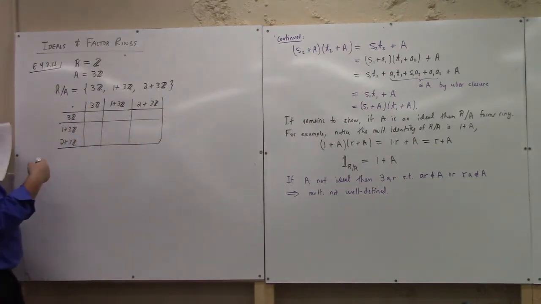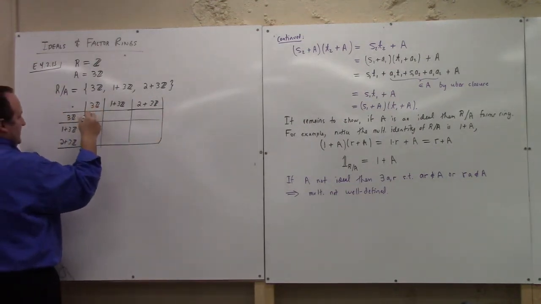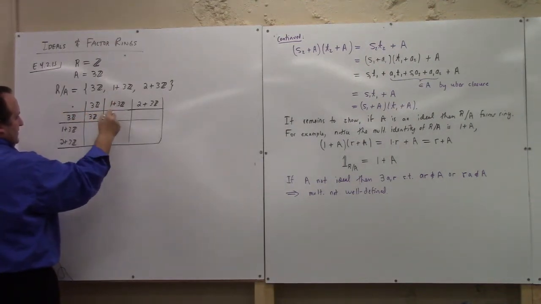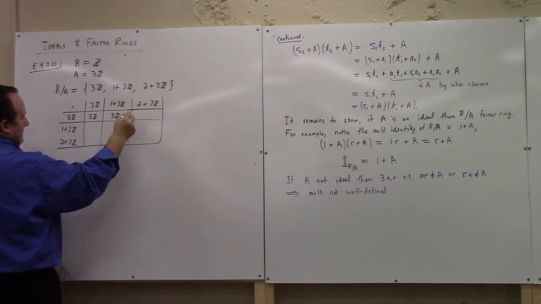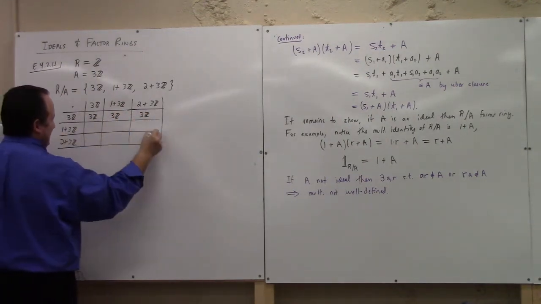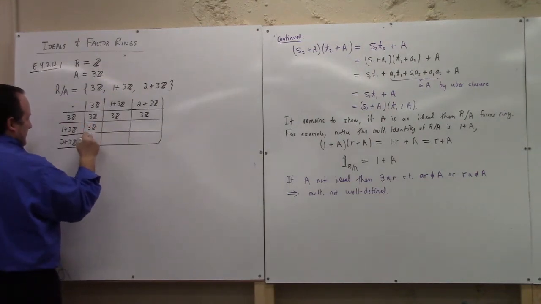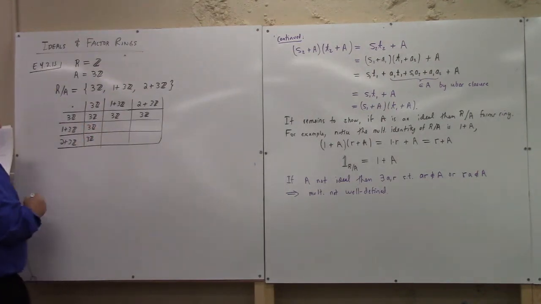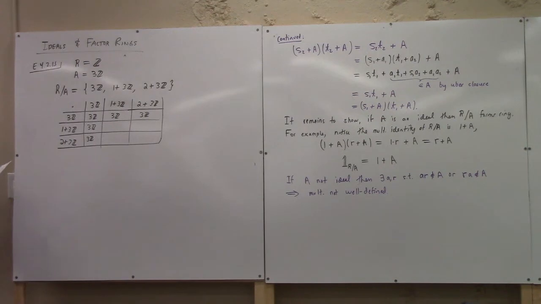Well, 3Z times 3Z gives me 3Z, I believe. And this gives me 3Z. And this gives me 3Z. And likewise, 3Z, 3Z. Right, because what is 3Z here, by the way?